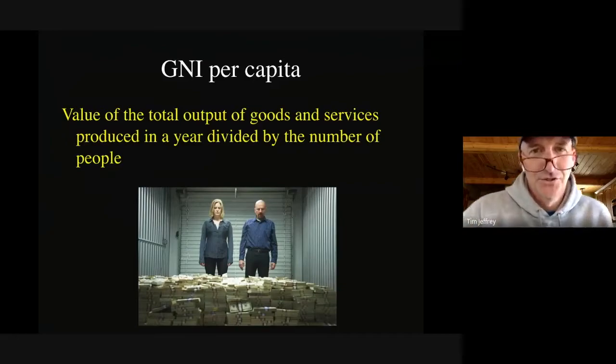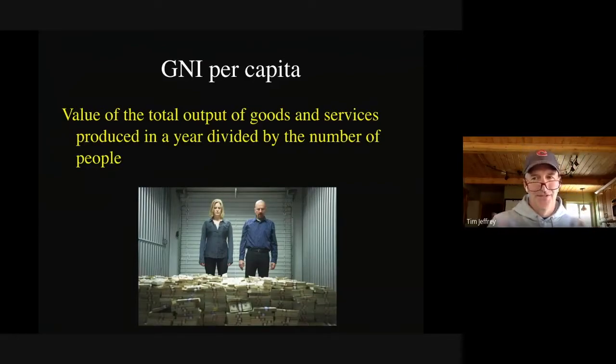Just clarification too, when we look at per capita, there were various versions of that, but really the one we look at the most is GNI per capita, and that is gross national income per person. So we take the value of all the outputs of goods and services produced, then we just divide it by the number of people in your country.